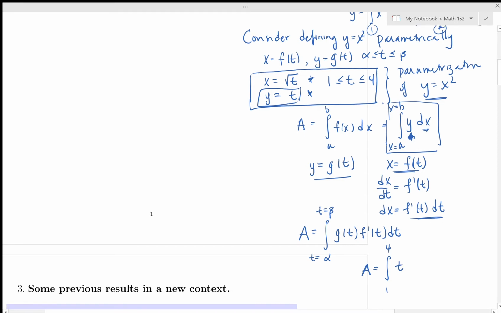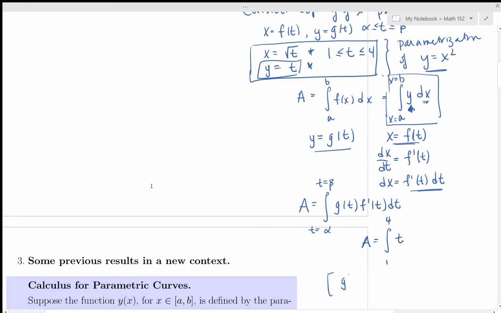In my example, I'm using the fact that g of t, which is y, is equal to t, and then I'm going to use the fact that x is f of t, and that is equal to the square root of t, which means that f prime at t is 1 over 2 root t. So when I take this integral, this is going to be g of t times f prime at t, and that's going to be the integral from 1 to 4 of t times 1 over 2 root t.